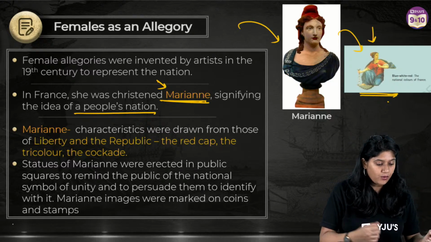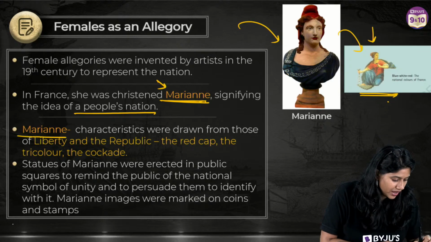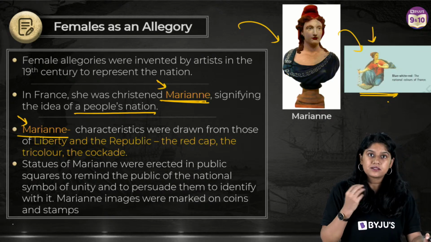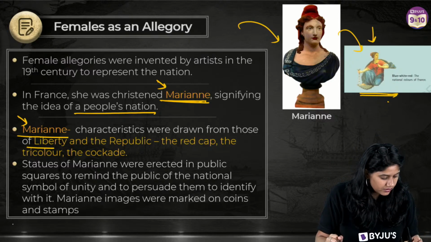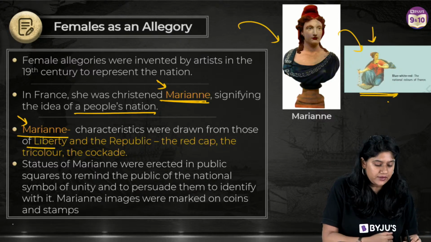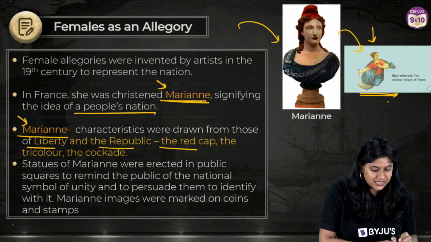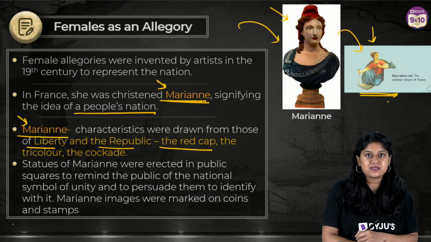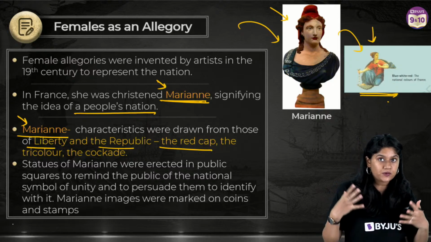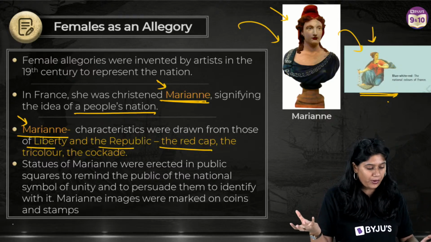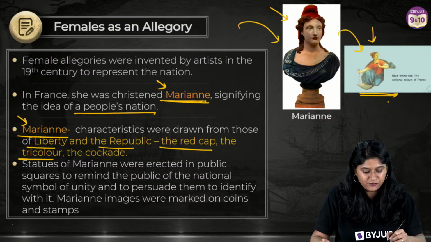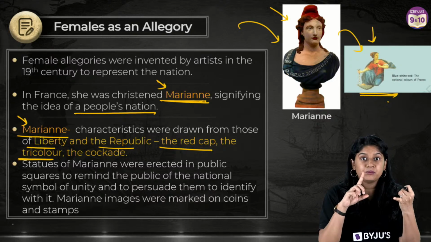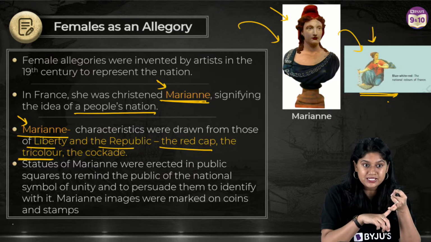Now, what are the characteristics of Marianne? One of the major things here is that she represents liberty and the republic. She has a red hat. Remember, the red hat was a symbol of slaves at that time, what they used to wear. The tricolor is right over here, the red, blue and white.